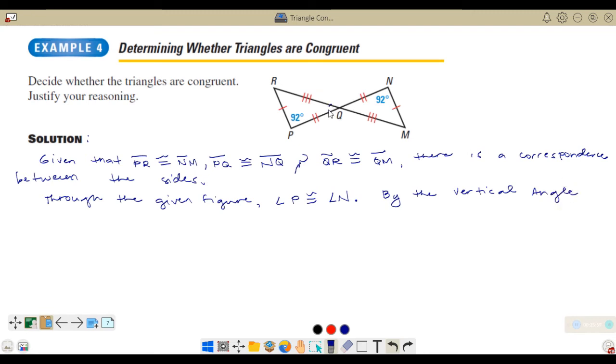Ayan, gagamitin na natin yung idea ng vertical angles. PQR is congruent to NQM. Vertical angle theorem. Angle PQR is congruent to angle NQM.